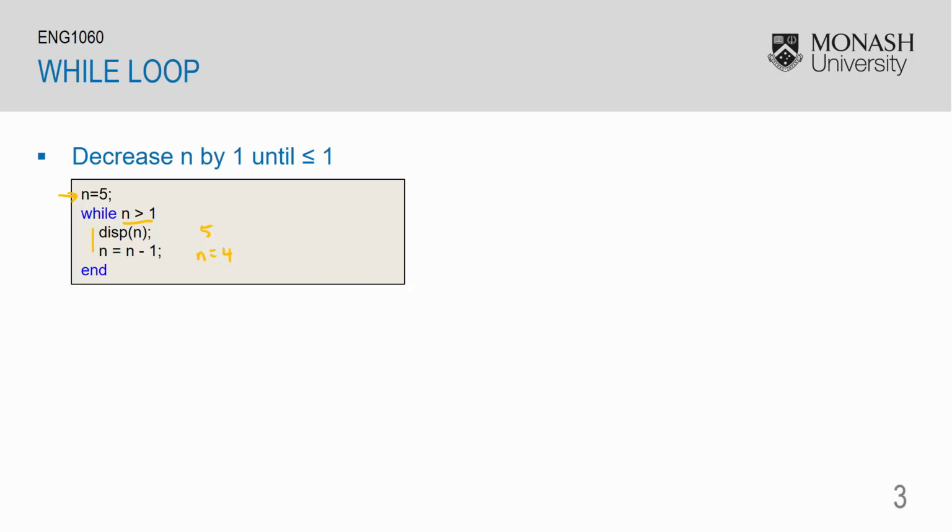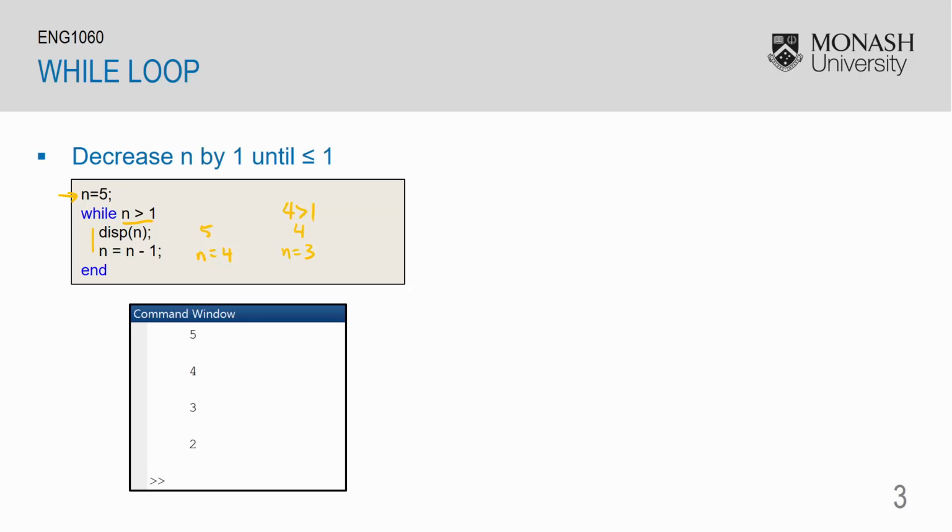It rechecks the condition. 4 is greater than 1, which is true. Therefore, it will display n as 4, and then n is equal to 3, and so forth. Running the code will output the following: 5, 4, 3, 2. Since the condition 1 greater than 1 is false, it will not display n and subtract 1 from n.